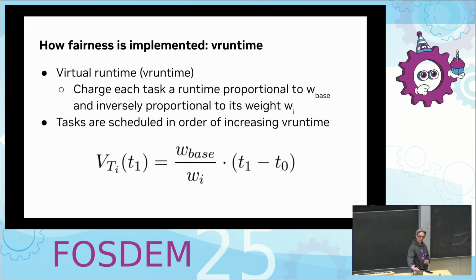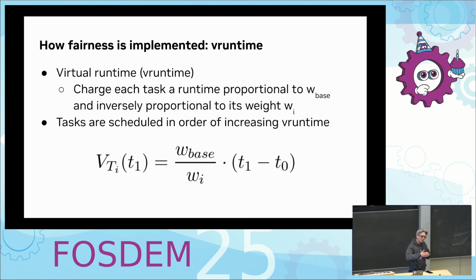But I just wanted to introduce the concept of virtual runtime, or vRuntime, because it's how Linux scheduling works in pretty much all the schedulers. And basically, intuitively, you can see that if the weight of the task is really big, its time will go slower. So you account less time to the task. I forgot to say that: you schedule the one that has the smaller vRuntime.